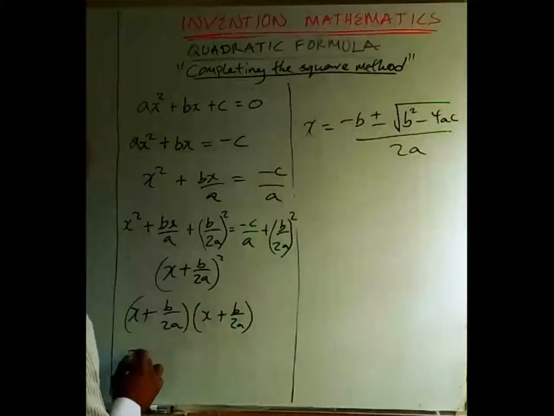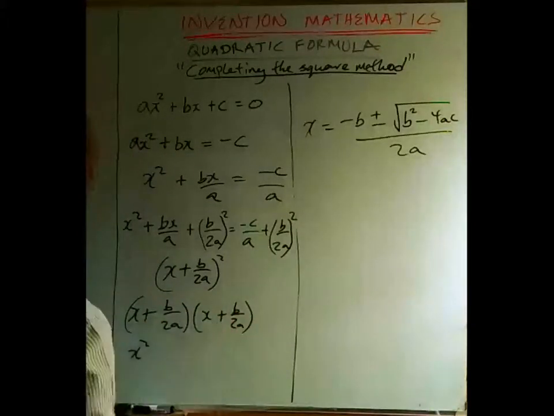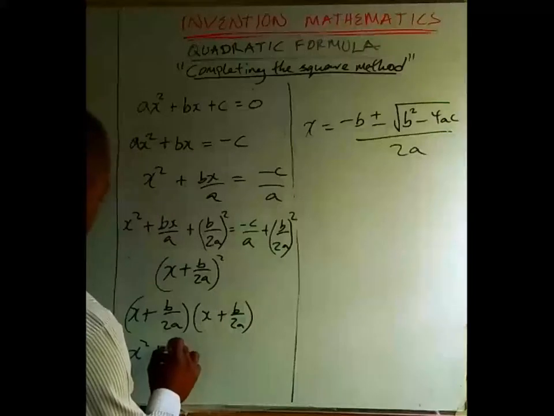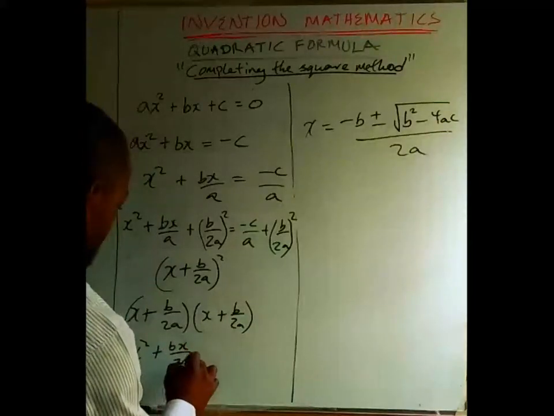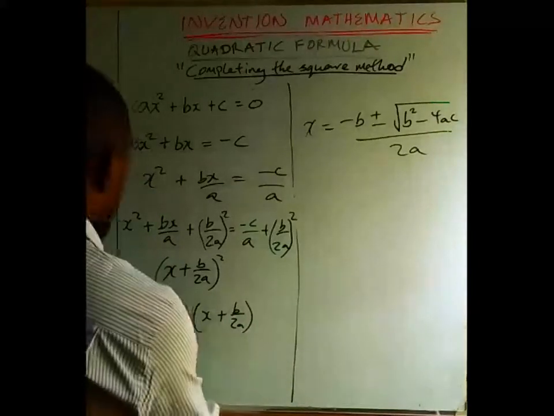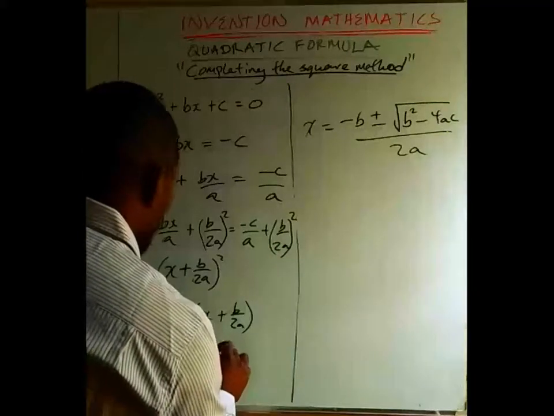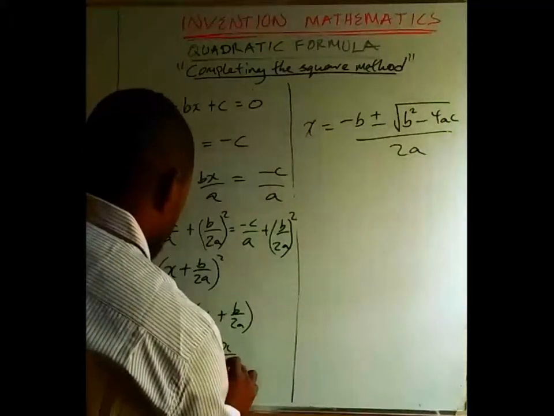x times x, x squared. x times b over 2a gives bx over 2a, plus bx over 2a.